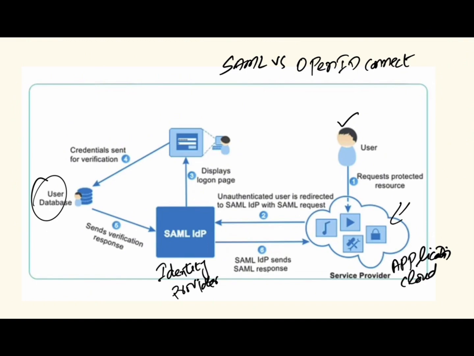So now let's check the flow step by step. As shown in the diagram, the user requests protected resources. The user tries to access a secured application which is running on this service provider, accessing a cloud app without being logged in.